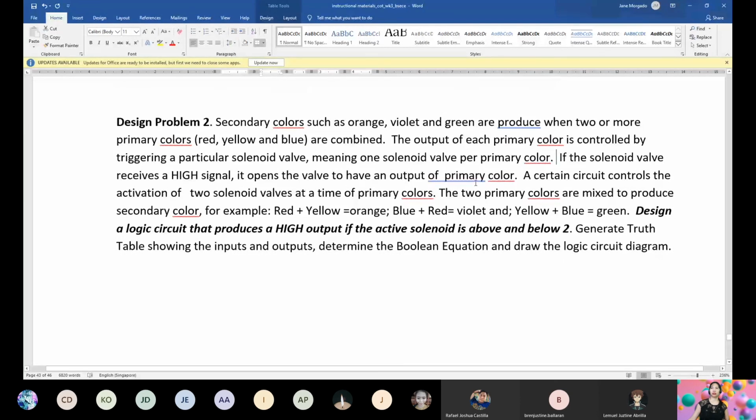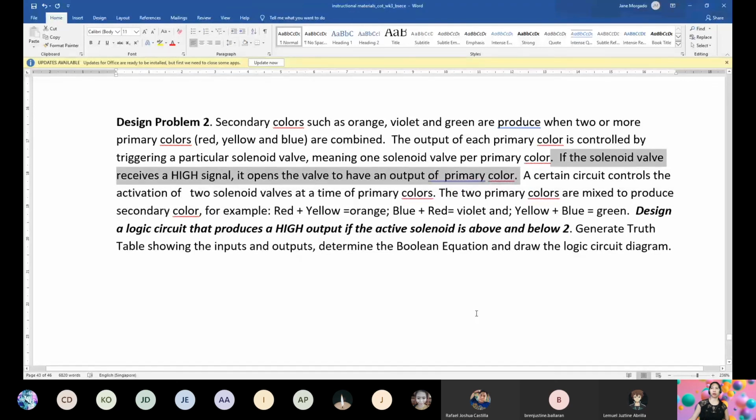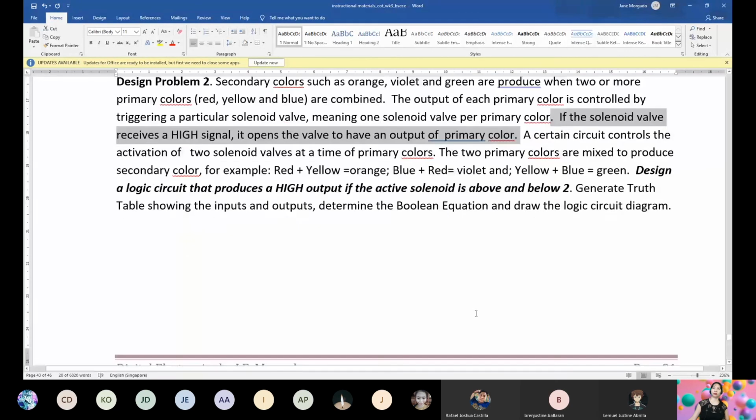Sabi dito, if the solenoid valve receives a high signal, it opens the valve to have an output of primary color. So, kailan open si solenoid valve? Ano dapat ang signal? Input signal. 1 po, ma'am. 1.